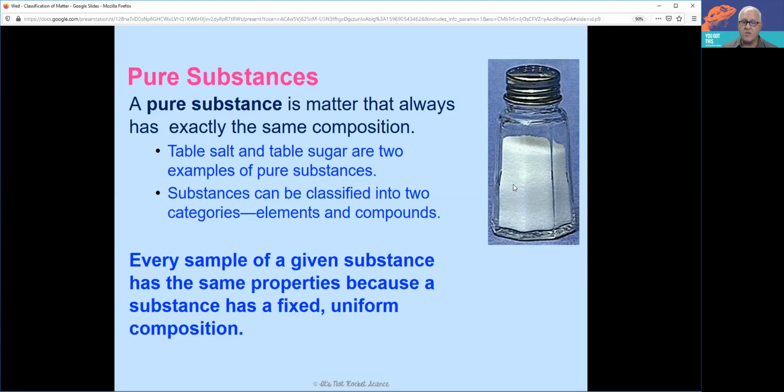So while table salt is a pure substance, it is also a compound.